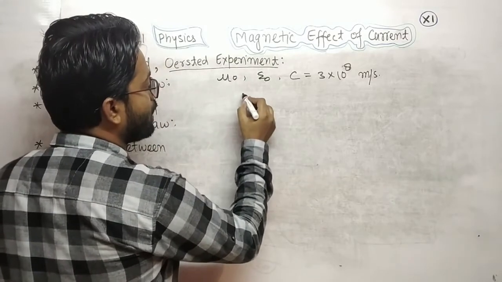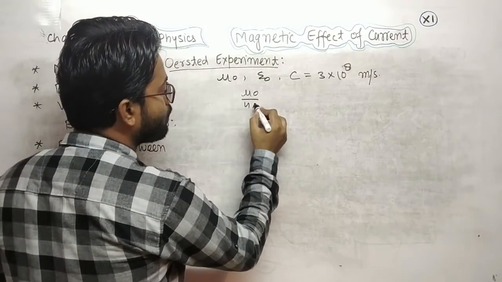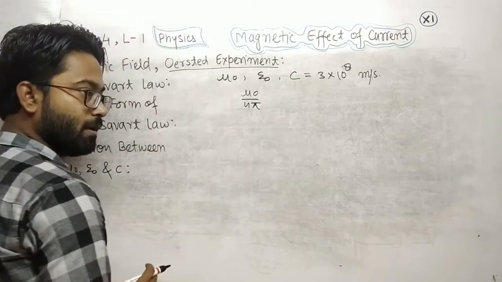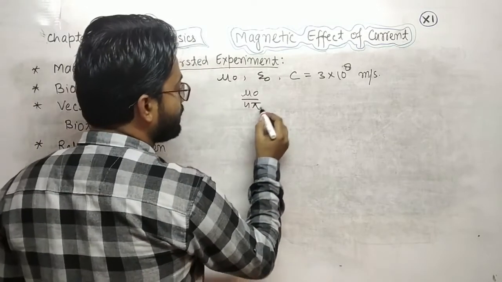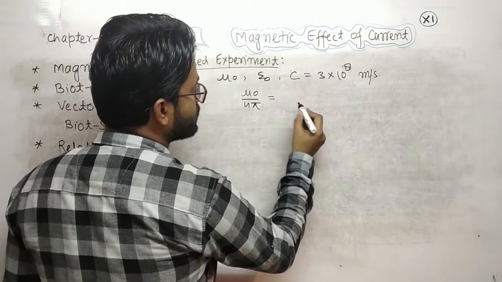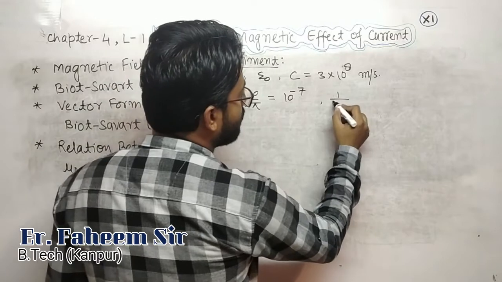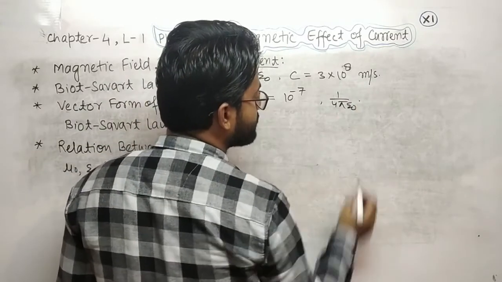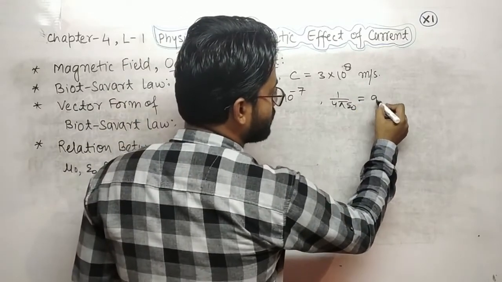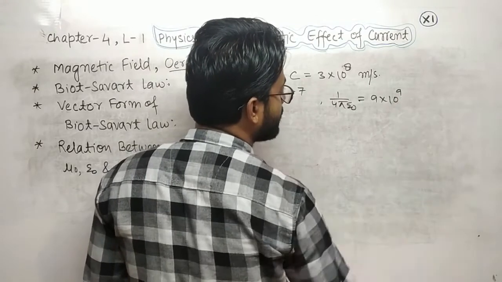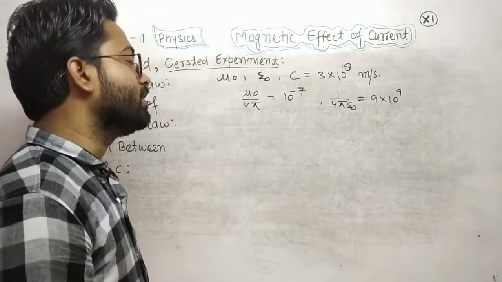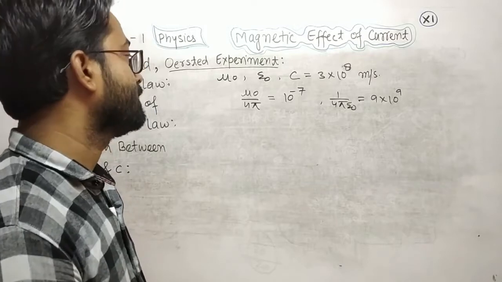You know that mu naught upon 4 pi is equals to 10 to the power minus 7 and 1 upon 4 pi epsilon naught is equals to 9 into 10 to the power 9.